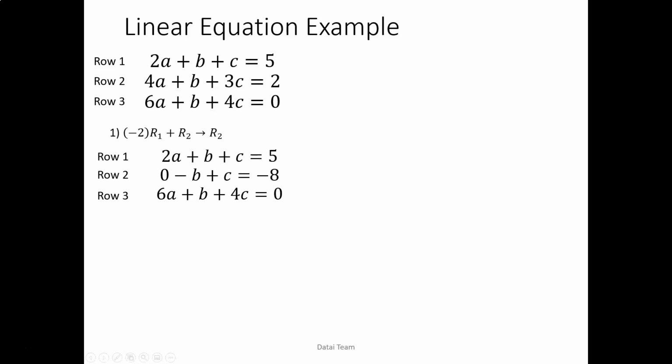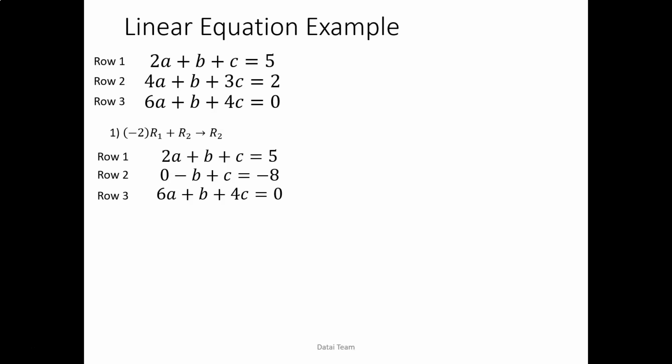First we do -2 row 1 plus row 2 is equal to the second row, and we multiply the first row with -2, we get -4a, -2b, -2c, and we get -10. And then we add that to the second row, we get 0, minus b, and plus c.